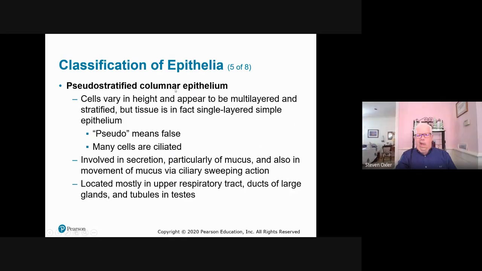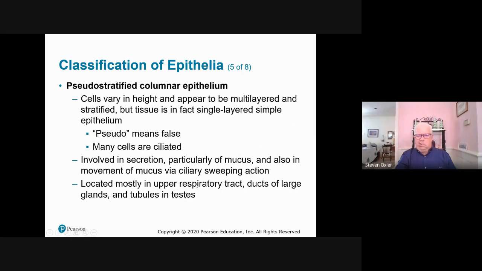Pseudostratified columnar epithelium. Pseudo means false. So they're not really stratified. Columnar tall cells. These cells are involved in secretion, and the secretion is basically mucus. And when you say the word mucus, you always talk about your upper respiratory tract.